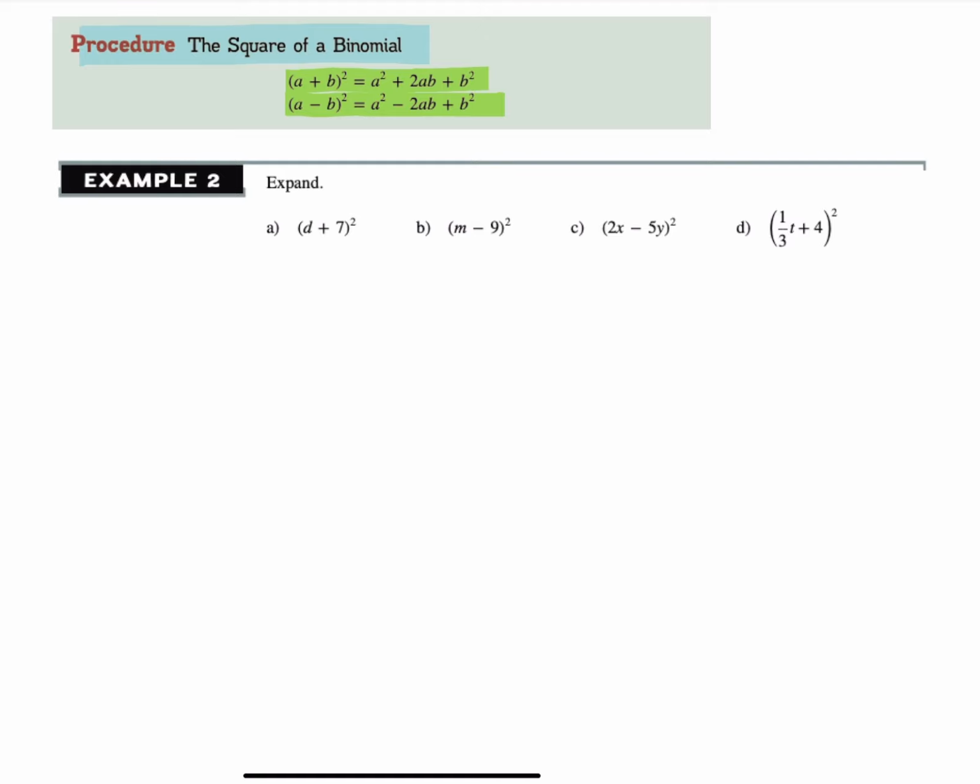So let's practice example 2, part A. We're given d plus 7 squared. So the d is our a and 7 is our b. So using this first pattern, we should get our first term squared, so d squared.